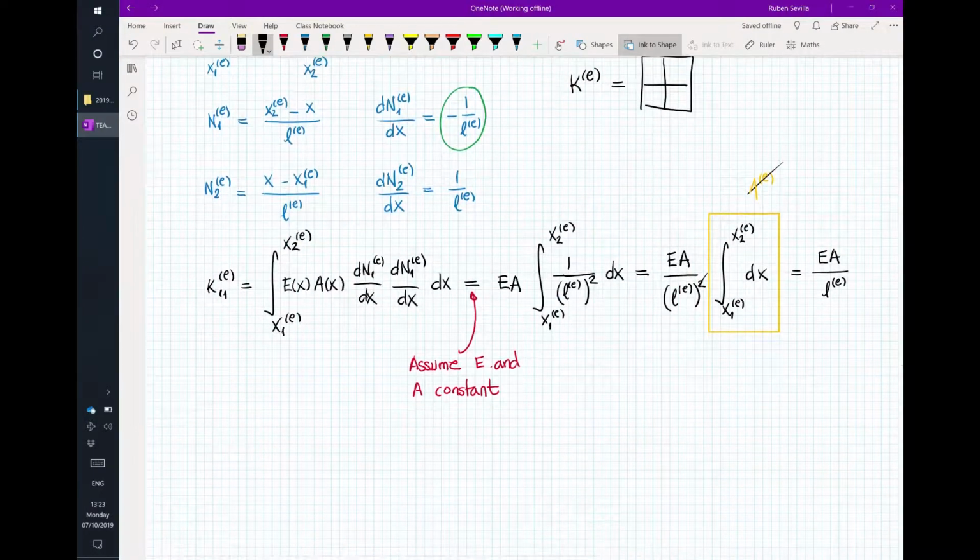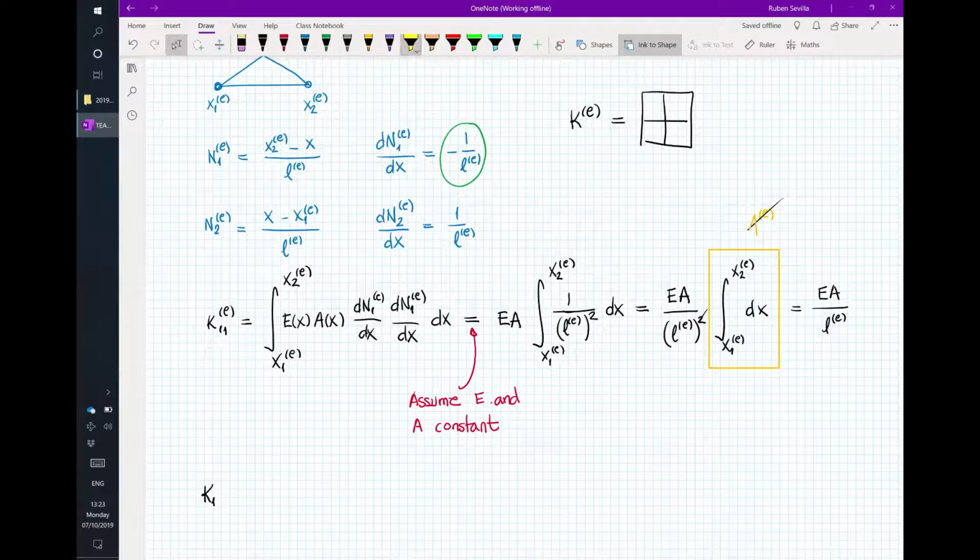In principle we need to do 4 integrals, okay? Because remember, what we just did is to find this entry that goes in position 1, 1 of my stiffness matrix. Now I need to do the position 1, 2, and then 2, 1, and then 2, 2, right? So 4. But that becomes trivial. Can someone tell me straight away the result of this one, if we follow the same procedure? The same with a minus.